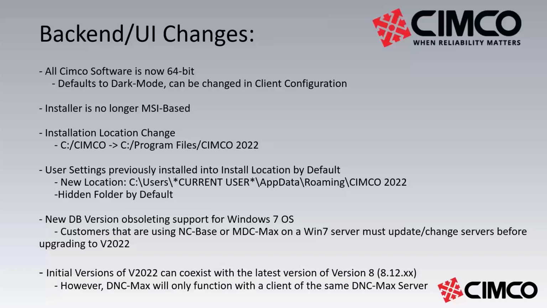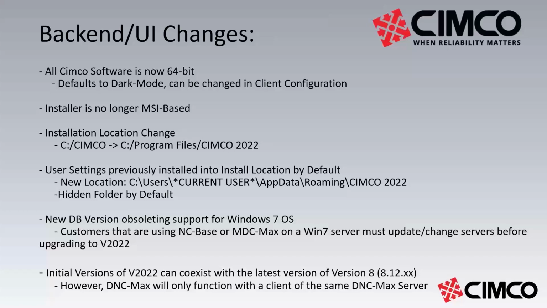As well, if you want to try out version 2022, it absolutely can coexist. Let's say you have a version 8 license server, or any of your database side of things. If you are running version 8.12 and anything in that version history, you can run 2022. It can coexist there.